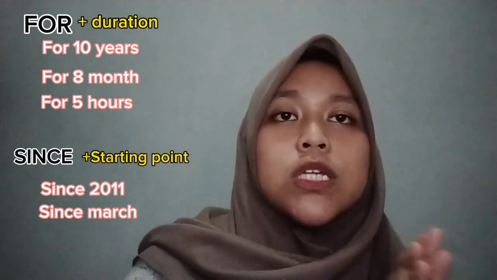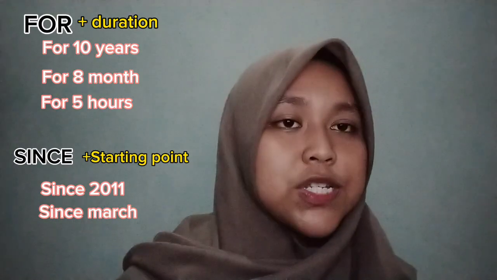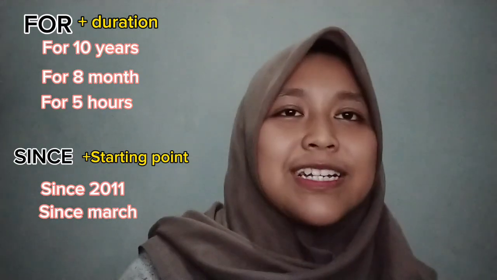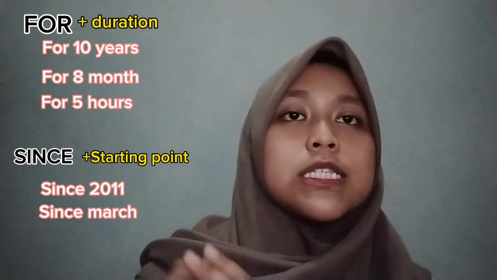When did something start? From when? Since 2011. Since March. Those are my starting points. I've lived here for 10 years. I've had a bad shoulder since summer. For and since are really common with the present perfect because they show us that something is continuing up to now. I still live here.